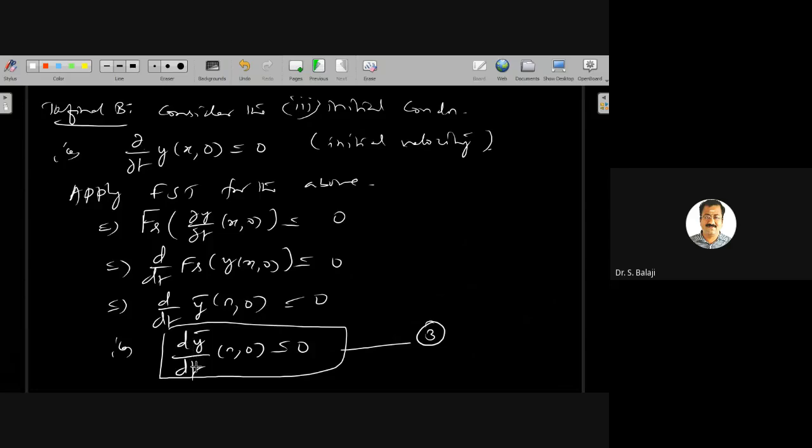Then we can get d by dt of y bar of n comma 0. You can use this idea for getting b.